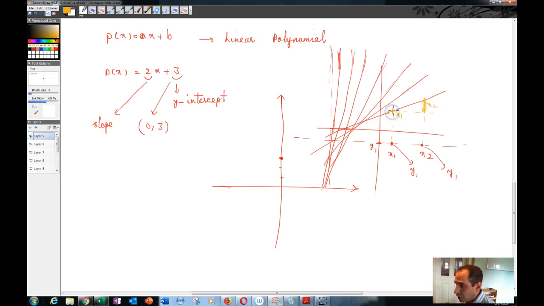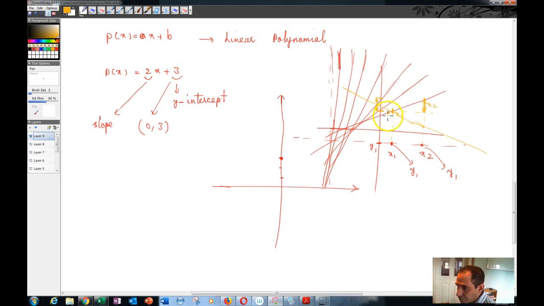At x1 my output was at this point. At x2 my output is at this point. So there is this elevation over here. Or there is some sort of negative elevation, which means that, for example, this point will end up somewhere over here, and then relative to that you would have some line like this, in which case the slope is said to be negative. It means that the elevation would be negative.